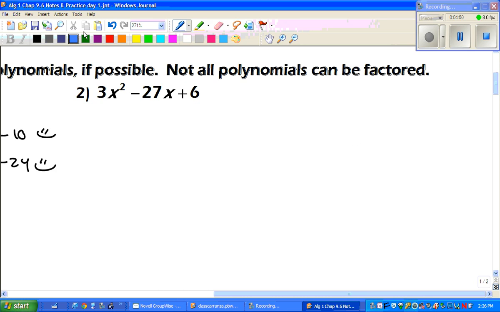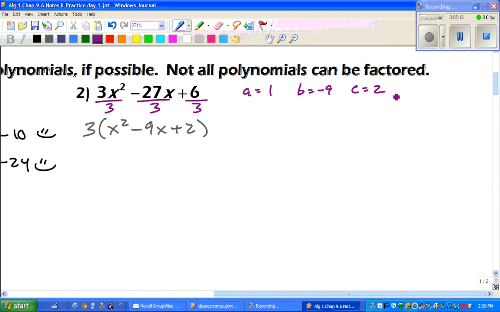Now, the first thing we always check to do is see if we can take out a GCF. And we can. We can take out a 3. So when we rewrite this, we take the 3 out front, left with x squared minus 9x plus 2. So my a is 1, my b is negative 9, and my c is 2.